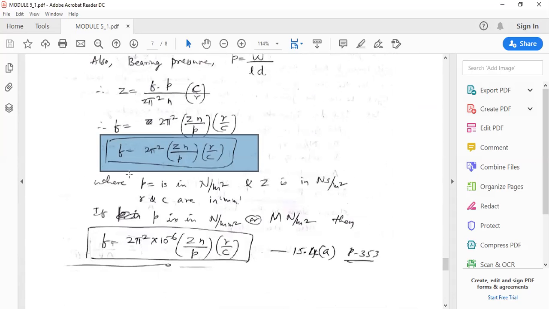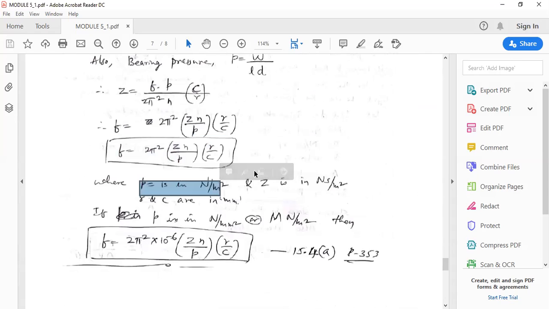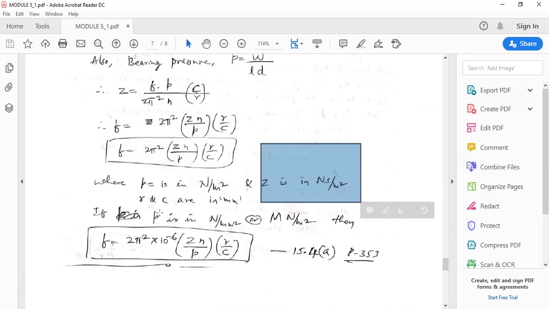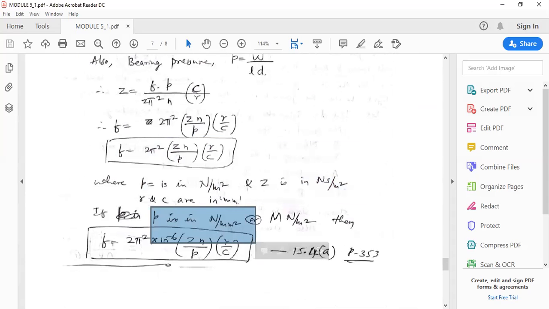So in this equation, P is in Newton per meter square, Z is in Pascal second or Newton second per meter square, and R and C are in mm. Suppose we are using the pressure value in terms of megapascal or Newton per mm square, the conversion factor to be used here is 10 raised to minus 6.